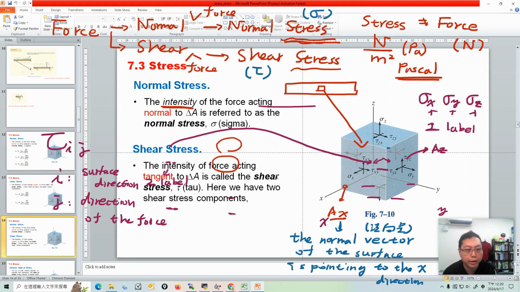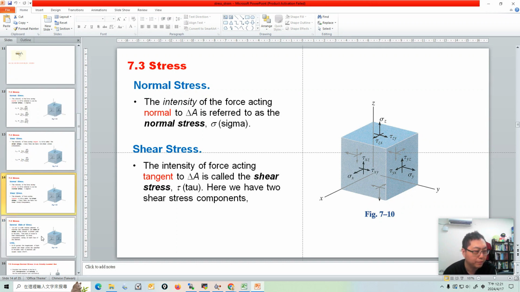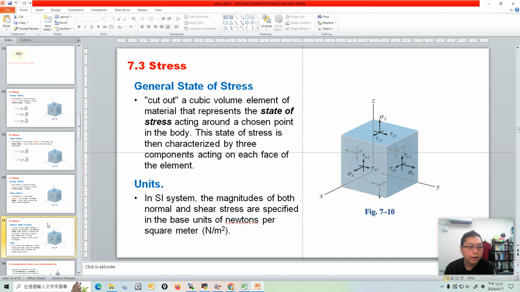What else do we have on this slide? There's nothing really new here, just a summary. General state of stress.